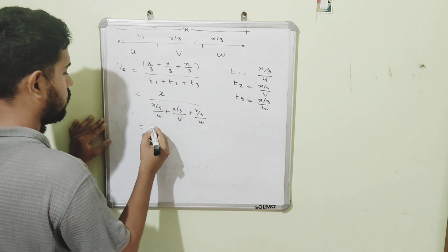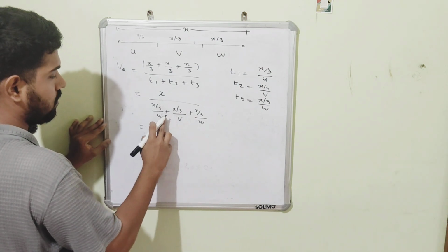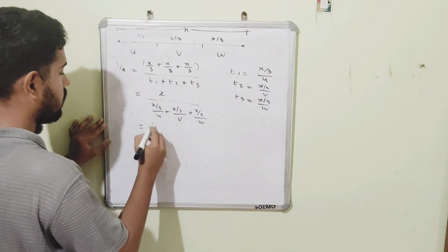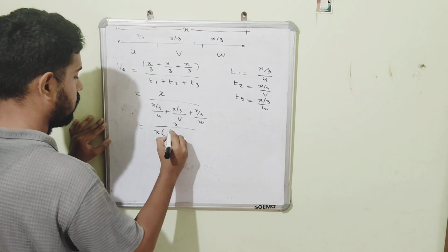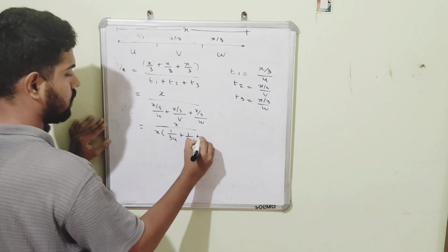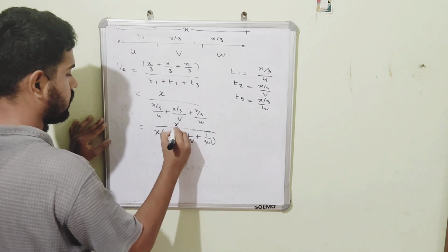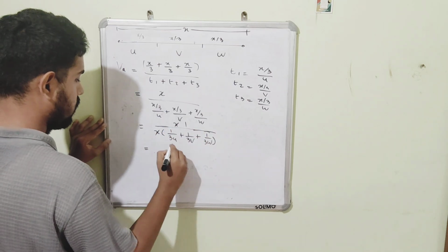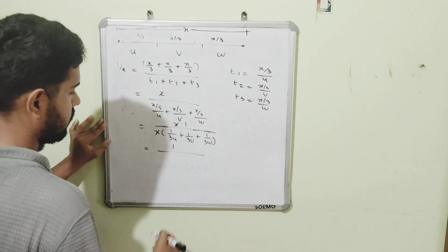So taking x common, and also we can write these 3's in the denominator part. Okay, so x by x into 1 by 3u, like this, 1 by 3v, 1 by 3w. Okay, so cutting this, here we have to take the LCM.